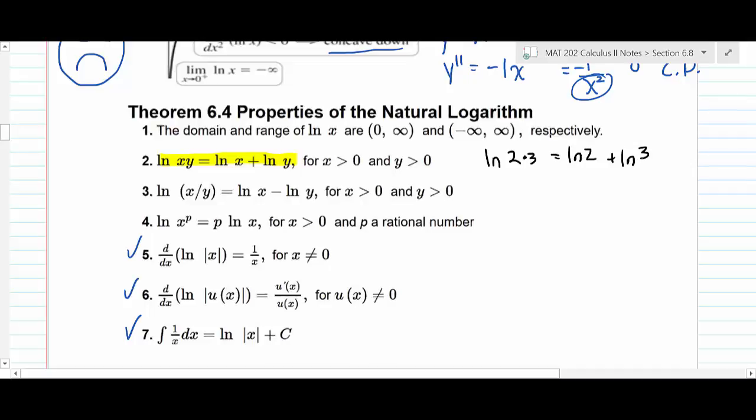And the way that is proved is with integrals, okay? And then you have this property that says the log of a quotient is the difference of the logs. So an example of that would be if you had log of 4 over 2, that would be ln of 4 minus ln of 2 like that.